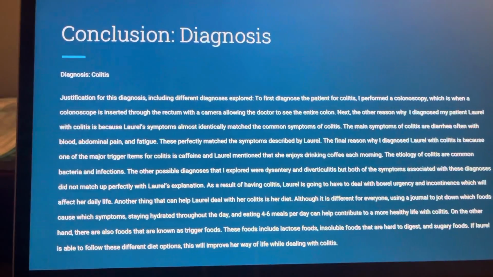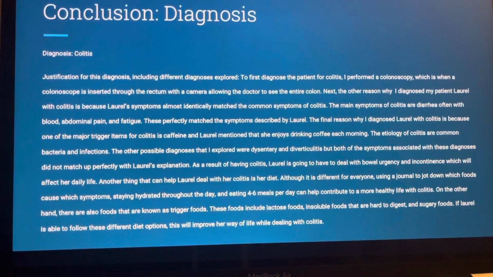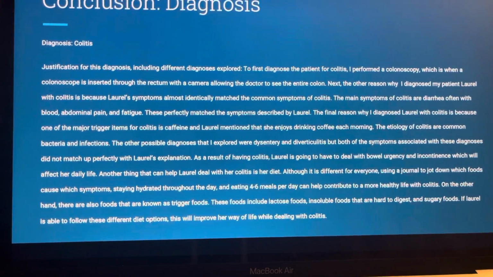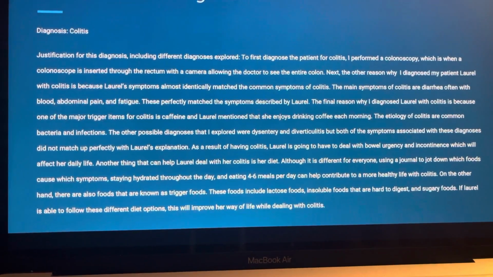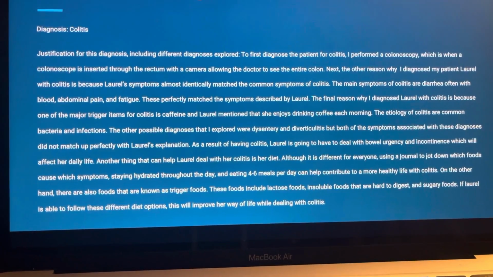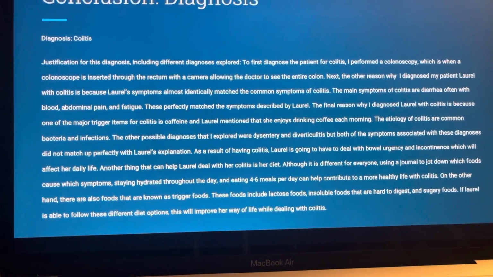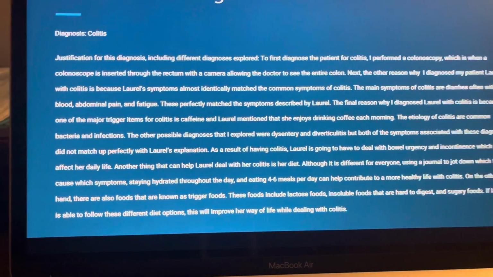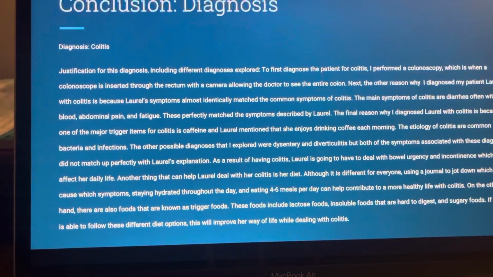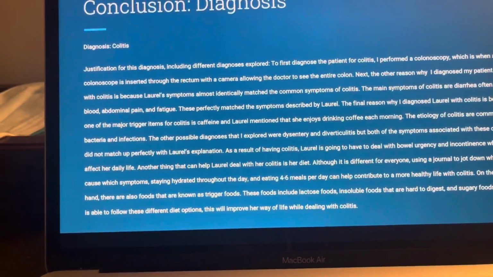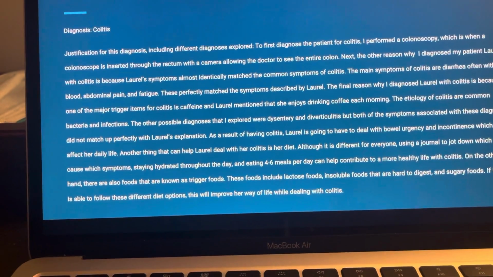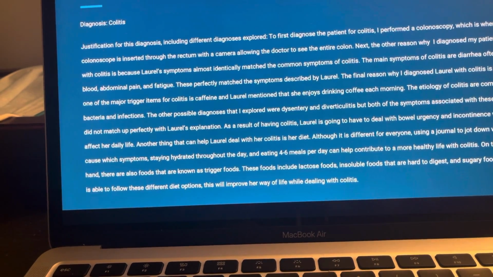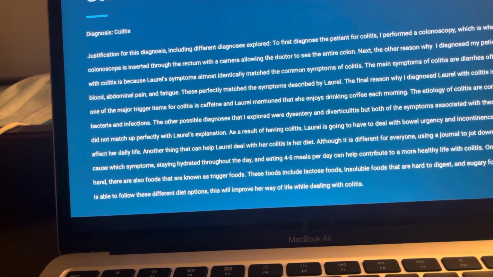My conclusion for this patient case was that she has colitis. To diagnose this, I performed a colonoscopy, which uses a colonoscope inserted through the rectum with a camera. This allows the doctor to see the entire colon. The next reason why I diagnosed Laurel with colitis was because the symptoms in this case were pretty much identical with colitis: the abdominal pain, the diarrhea with blood, and the fatigue that she had mentioned.